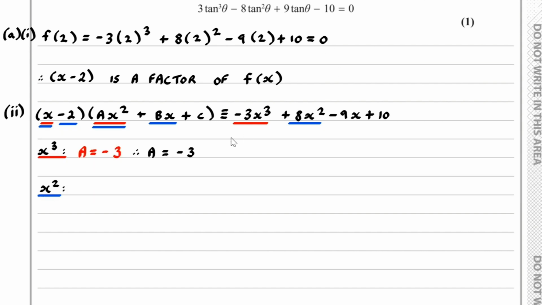So we've got b subtract 2a equals 8. We know what a is, that's negative 3. So I've got b subtract 2 times by negative 3 equals 8. B is equal to 2.